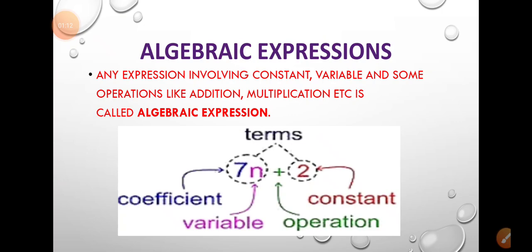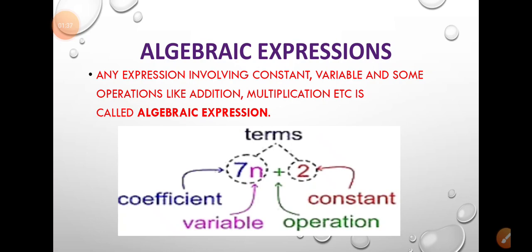So the main things in an algebraic expression are constants and variables, and they have operations. One or more operations can be there. There can be multiplication, addition, subtraction, division together also. So an algebraic expression has constants, variables and operations.